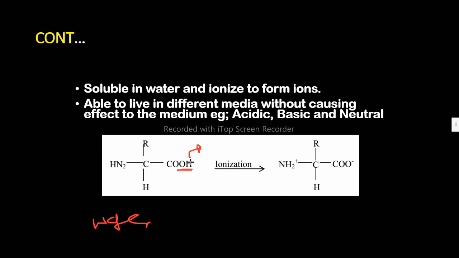So in an aqueous solution, this one will lose the hydrogen ion to the solution. Now this group being basic, the nitrogen will receive that hydrogen ion that has been lost from this end, whereby it will donate its lone pair of electrons and form NH3 with a positive charge on the nitrogen, because it's the nitrogen that has lost the electrons.